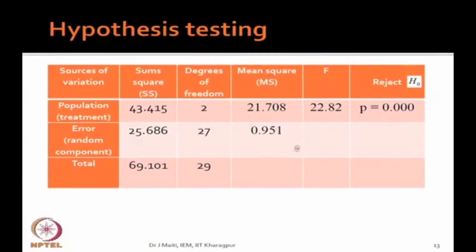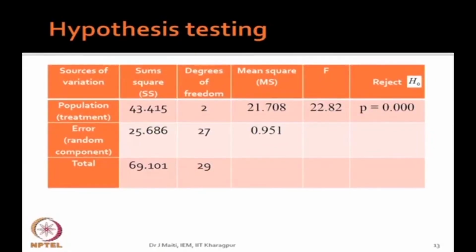You see the mean square error value is very small. It is so small because there is an effect. Then F is MSB by MSE. Here 21.708 is MSB and 0.951 is MSE, and that ratio is 22.82, which is far away from 0.